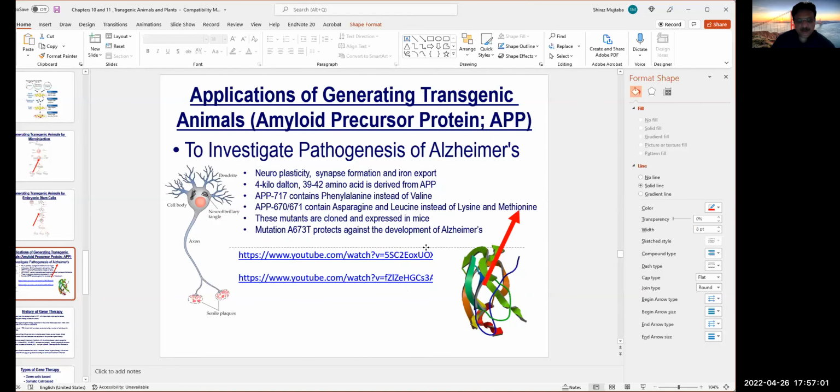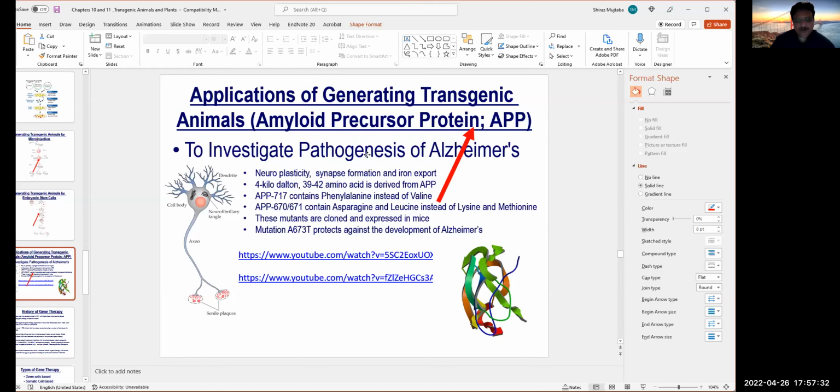So the effect of these mutations cannot be studied in the human brain, but these two proteins can be easily expressed in mice through the three technologies that I described to you, either direct transformation of the embryo, or through stem cells, or through microinjection. And then one can study the pathology of this protein, this gene.